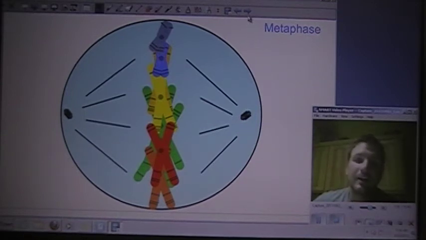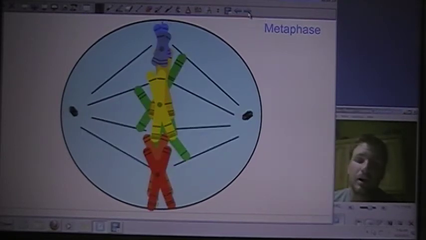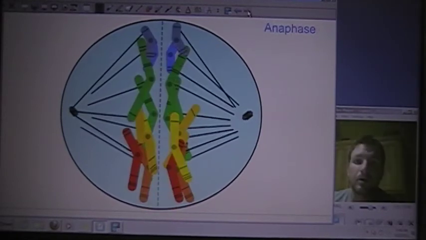Now, at the end of metaphase, we see the spindle fibers have totally attached to all ends and the centromere of the chromosomes. And as they attach to the chromatids, they reach the next stage, which is anaphase, which is the result of pulling them apart.